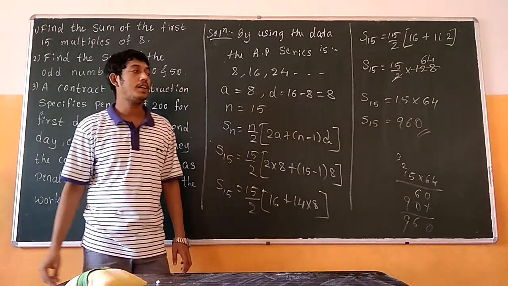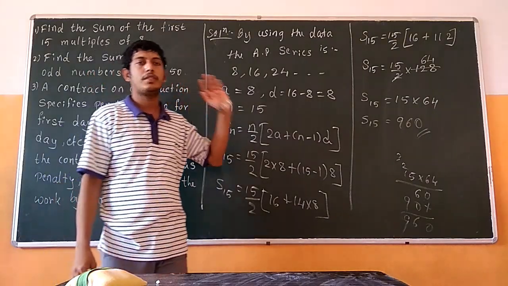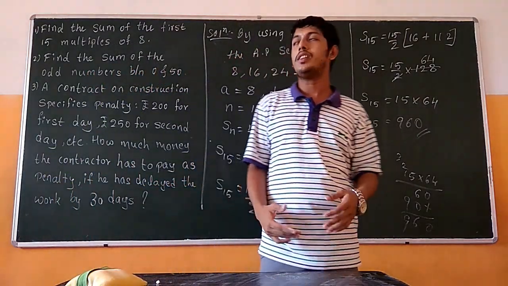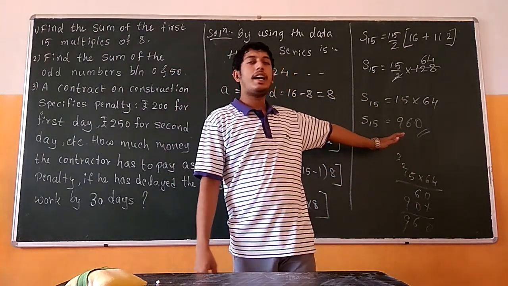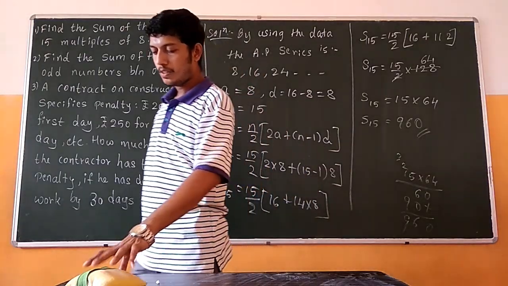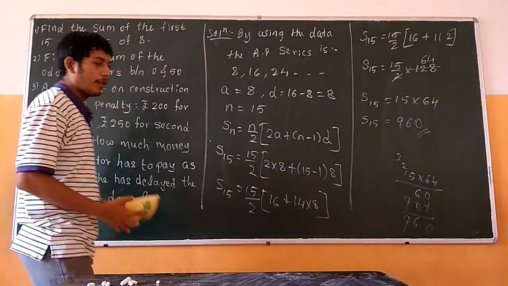That means the sum of the first 15 terms of the arithmetic progression series of multiples of 8 is 960. Okay, now similarly we have another problem.